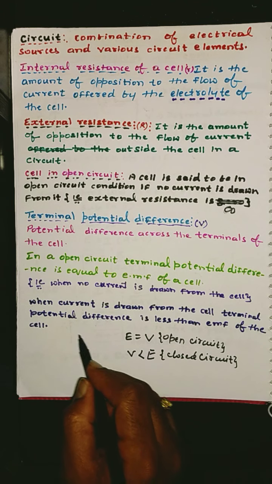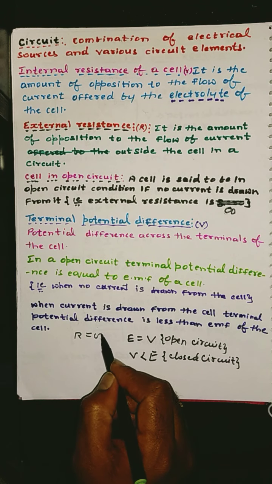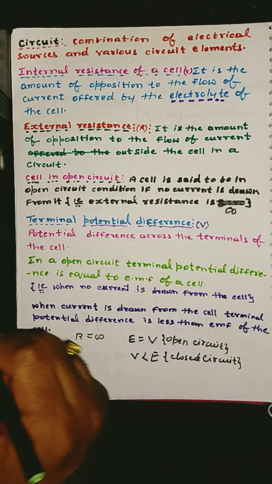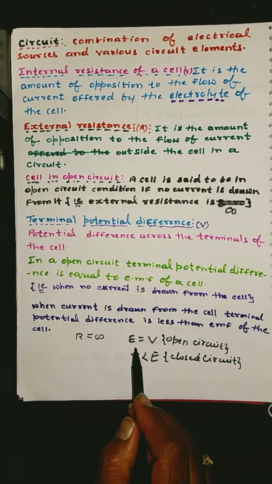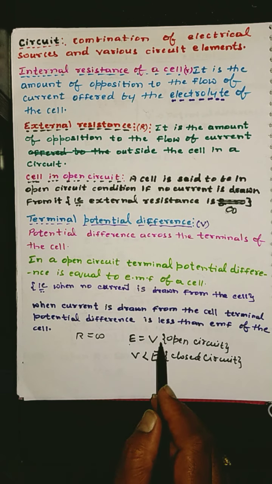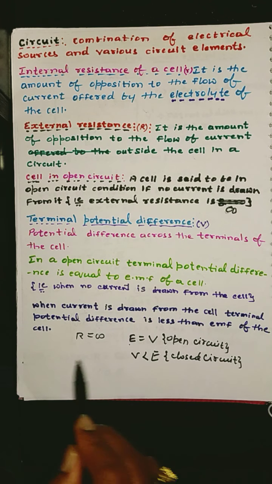So E is equal to V when external resistance is equal to infinity. This also you have to remember. When external resistance is equal to infinity, EMF will be equal to terminal potential difference. That is what is called open circuit condition.